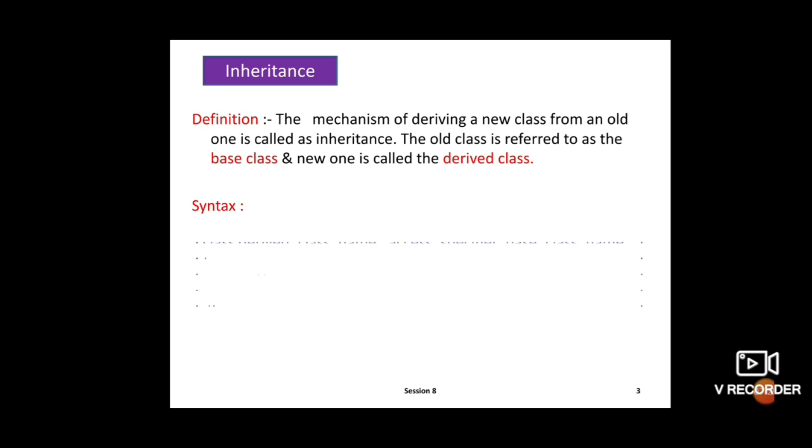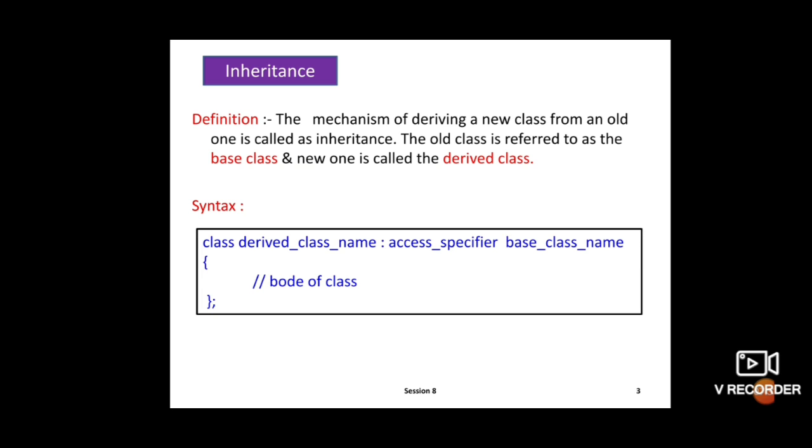Now see the syntax, how to declare a derived class. First write class, this is a keyword. Then the derived class name, you can write any derived class name. Then a colon, don't write the scope resolution operator, this is a different syntax. After the colon comes the access specifier. We have just seen the access specifier has 3 types: public, private or protected.